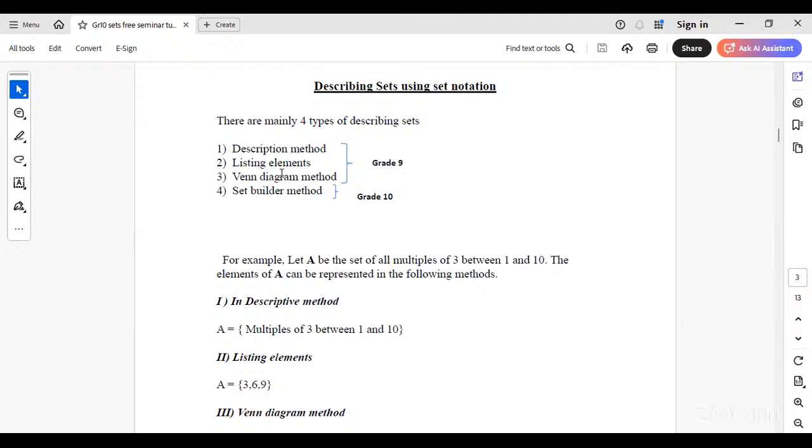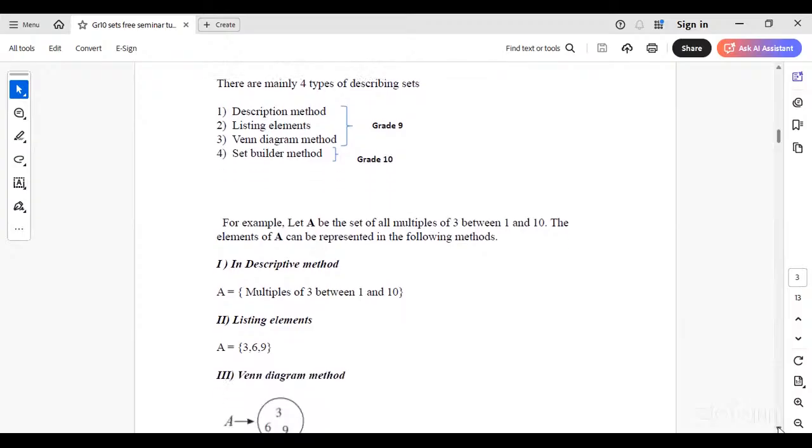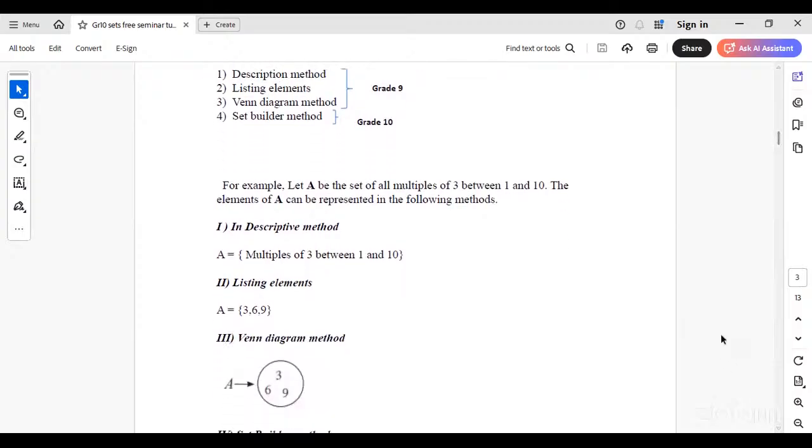To describe sets, for example, let A be the set of all multiples of 3 between 1 and 10. The elements of A can be represented in the following methods. We can describe A in the descriptive method as A equals the multiples of 3 between 1 and 10.